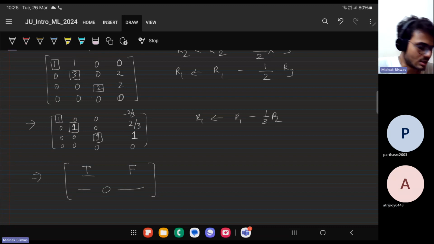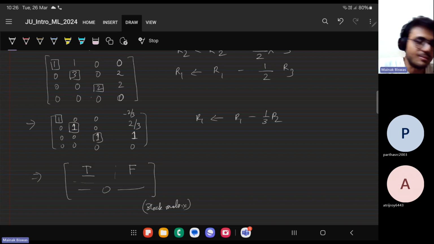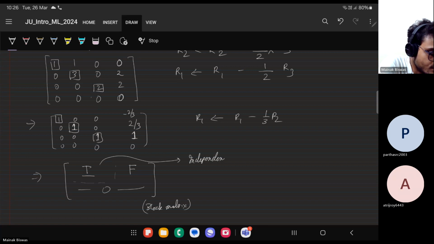This is also called a block matrix. I'm writing in terms of a block matrix. So I have some identity matrix, some F matrix. Wherever there is an identity matrix, what are these? Independent columns, yes or no? Yes, these are my independent columns.